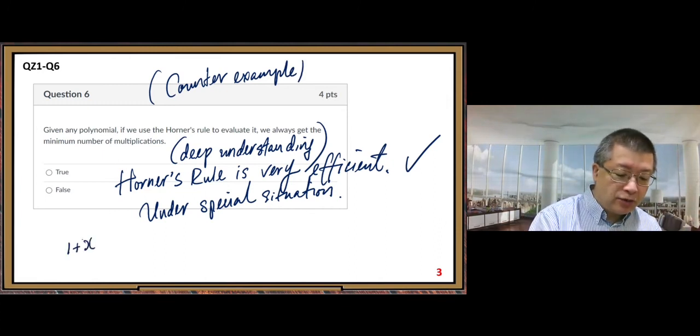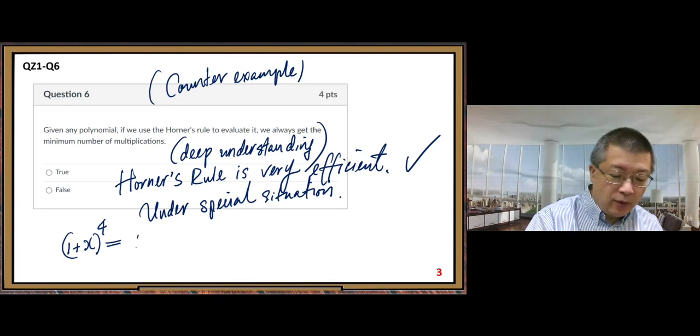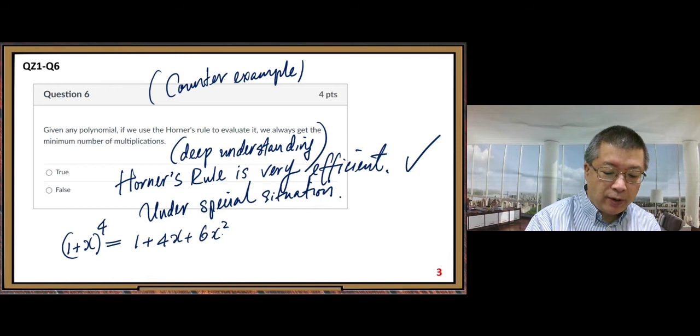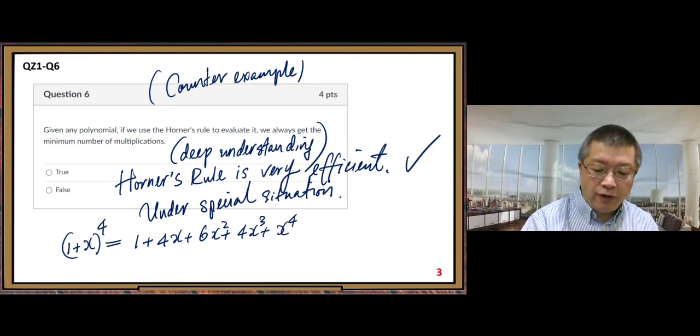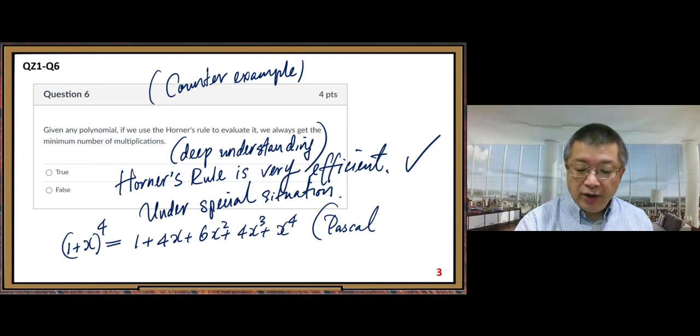1 plus x to the 4th. We expand it: 1 plus 4x plus 6x squared plus 4x cubed plus x to the fourth. Pascal triangle, right? I told you, the coefficients you have here, we use that famous Pascal triangle.